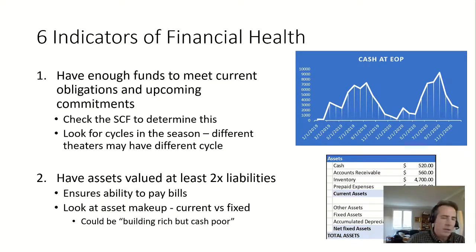One thing that you want to look at, though, in your assets is what the asset makeup is. Remember, current versus fixed assets: current can be easily turned into cash, whereas fixed take a little bit of time. You could conceivably be asset rich but cash poor and not able to meet your financial obligations.